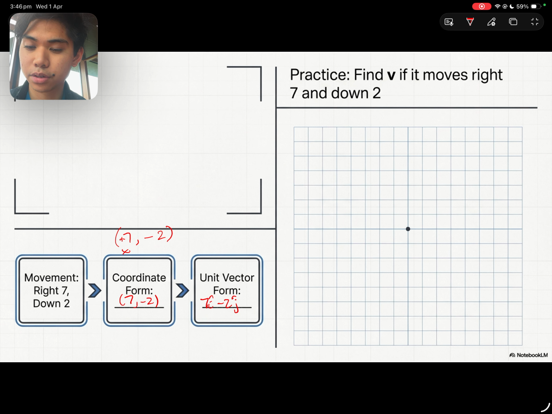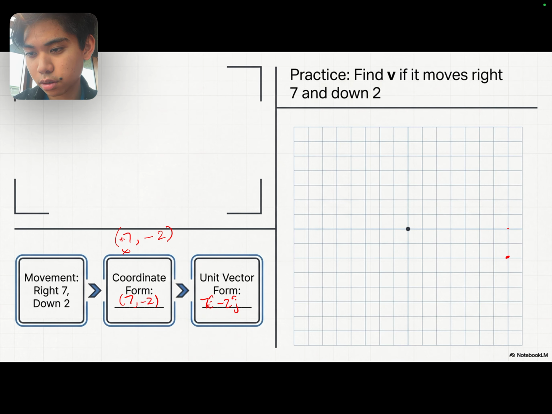So we have 1, 2, 3, 4, 5, 6, 7, -2 here. That's my final point, which is 7 comma -2, and my vector is going to be 7i minus 2j.